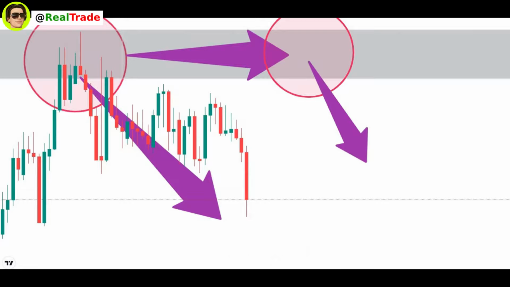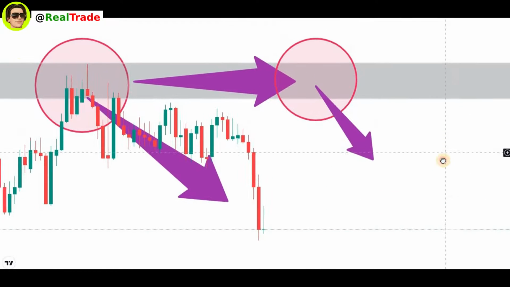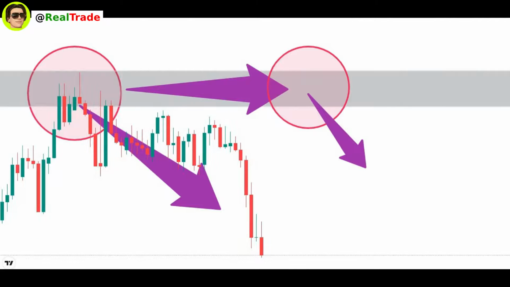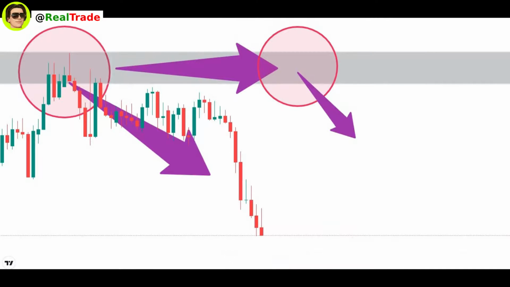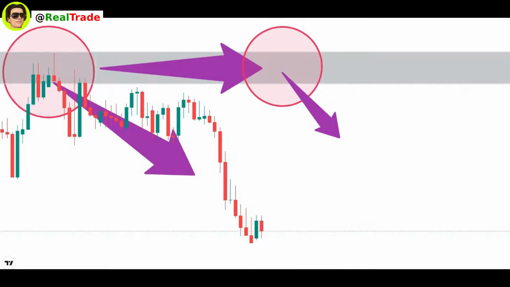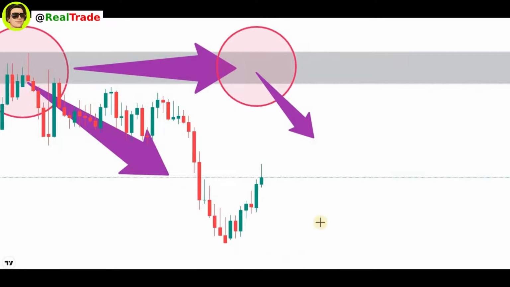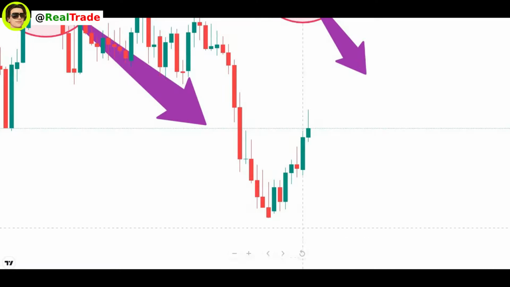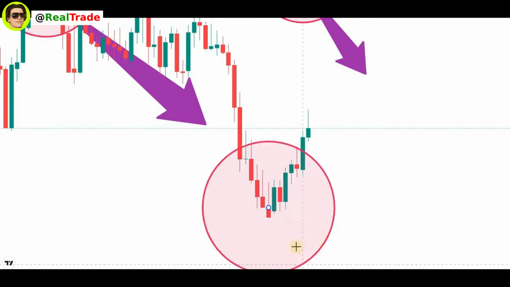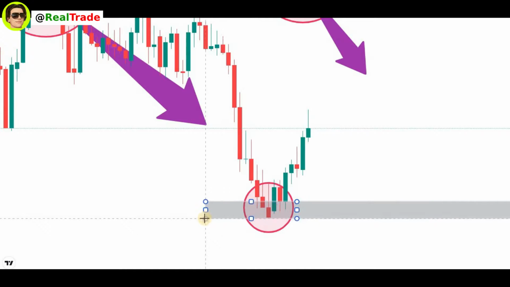Continue. Next candle, next candle. This area is a support zone, local support zone.